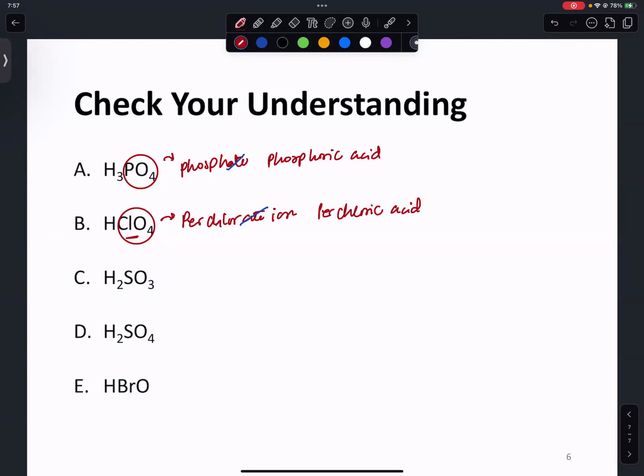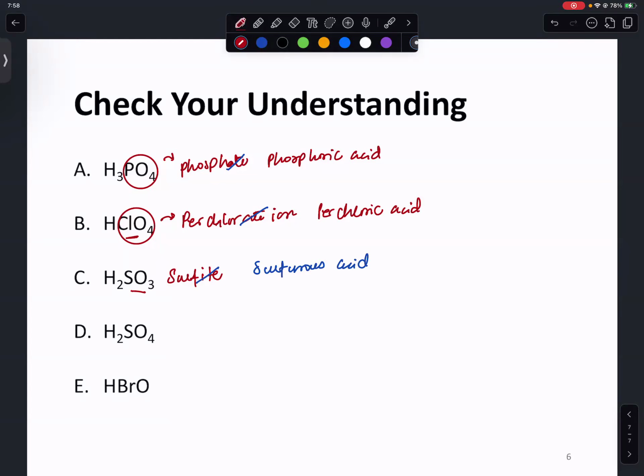Very good. Now for C, yes, you guessed it, this is sulfite. Instead of sulfite, we drop the ite and it becomes sulfurous acid. Very good.